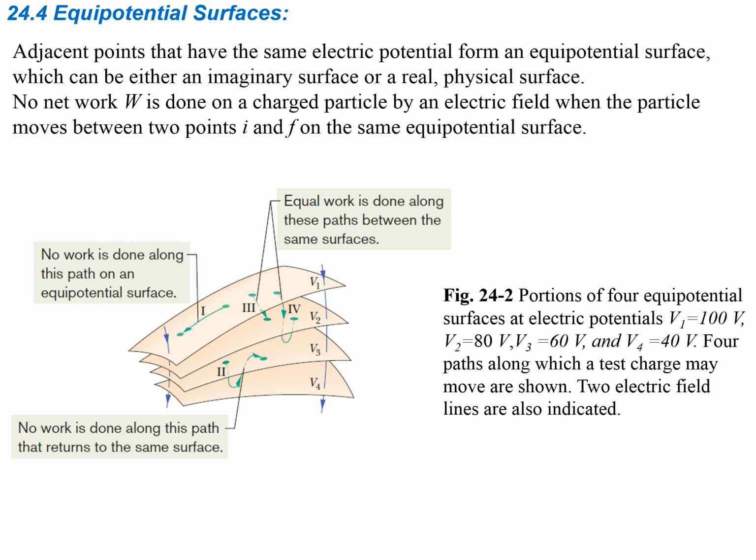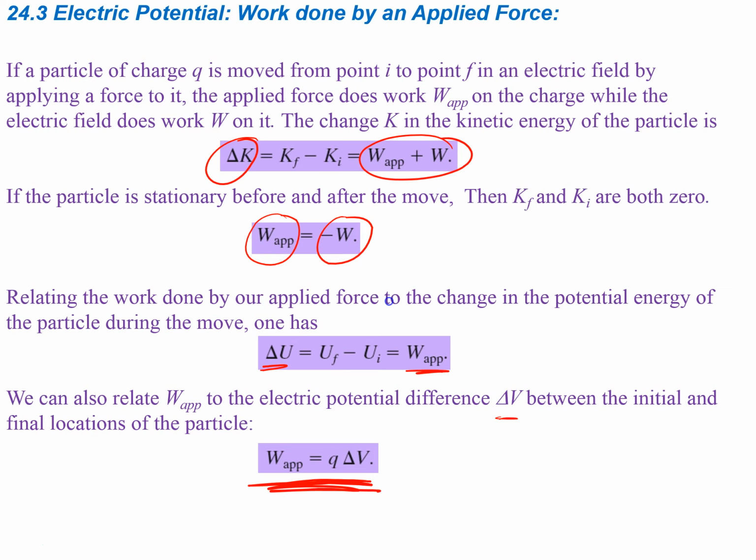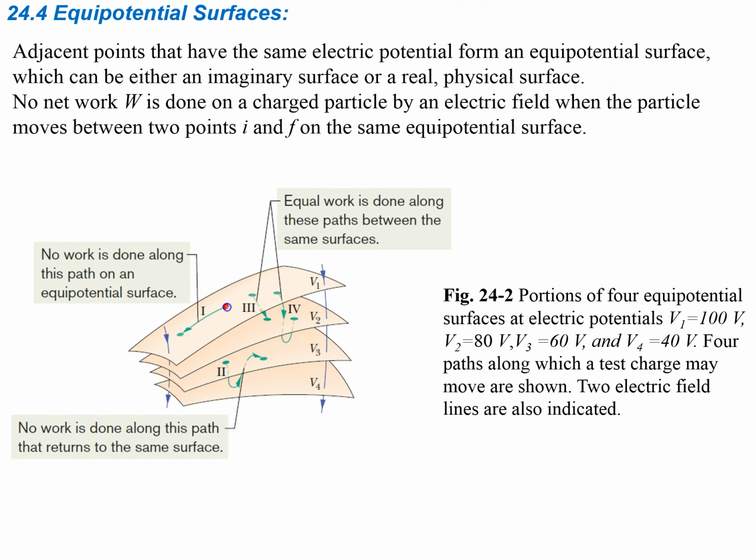No net work is done on a charged particle by an electric field when the particle moves between 2 points i and f on the same surface. So if I move along the equipotential surface from here to here, no work is going to be required by the electric force or by the electric field.